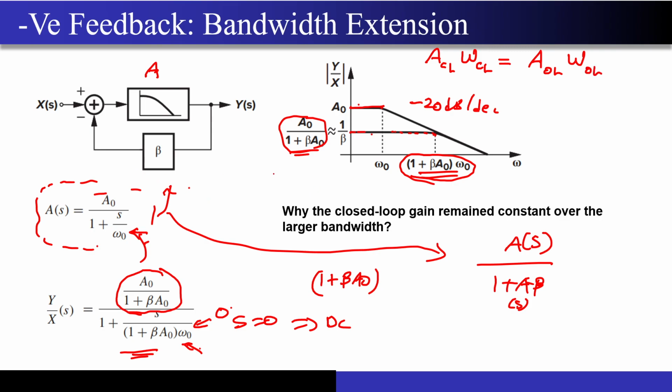If you multiply these two, the 1 plus beta A naught from the denominator here and the 1 plus beta A naught from here get cancelled and you are left with just A naught into omega naught. Similarly, for the open loop, the DC gain was A naught and the bandwidth was omega naught, so again A naught into omega naught. So this equation holds true, and this is only valid.